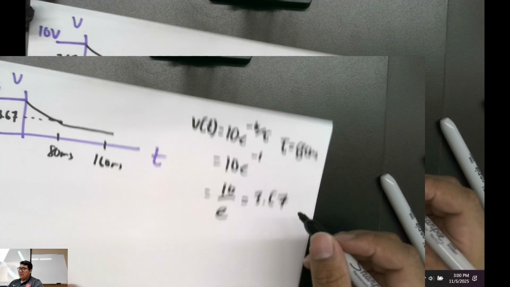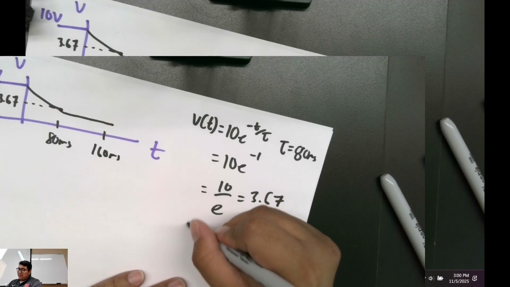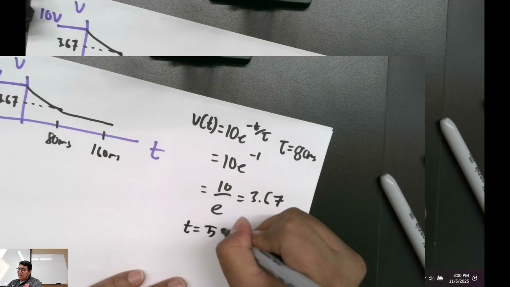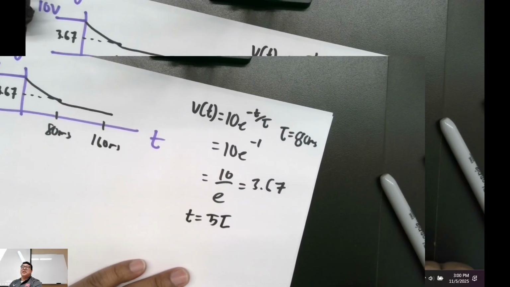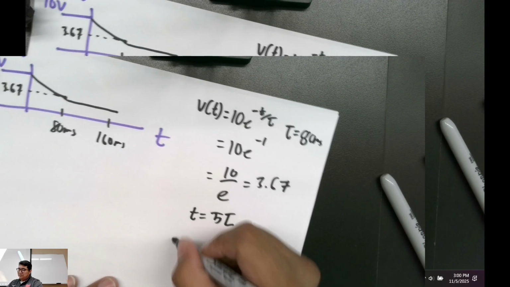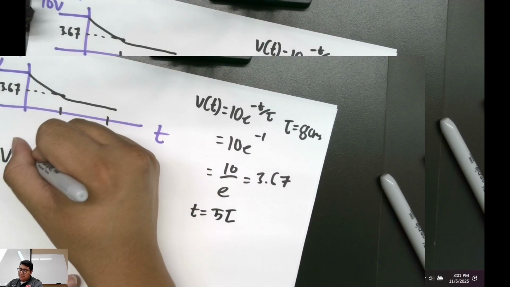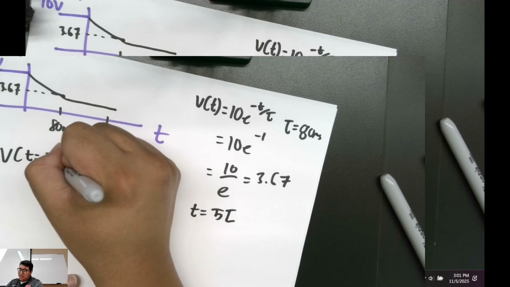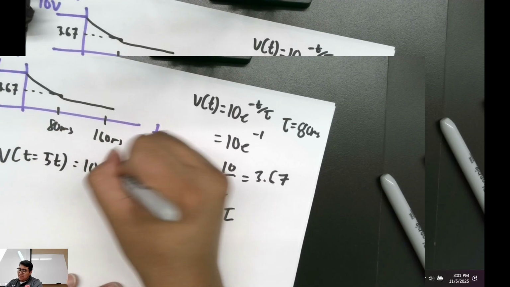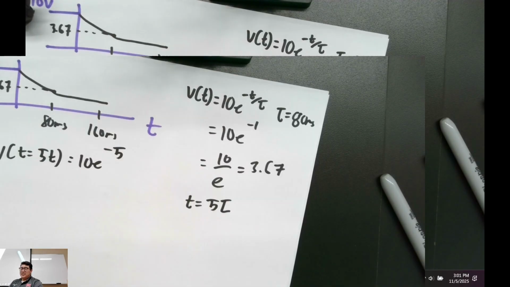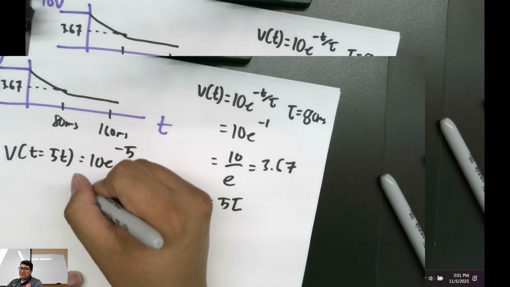And then what happens if I tell you to calculate after t is equal to 5 time constants? So if I were to do the following, V of t at t equal to 5 tau is 10 e to the minus 5. What's that equal to?